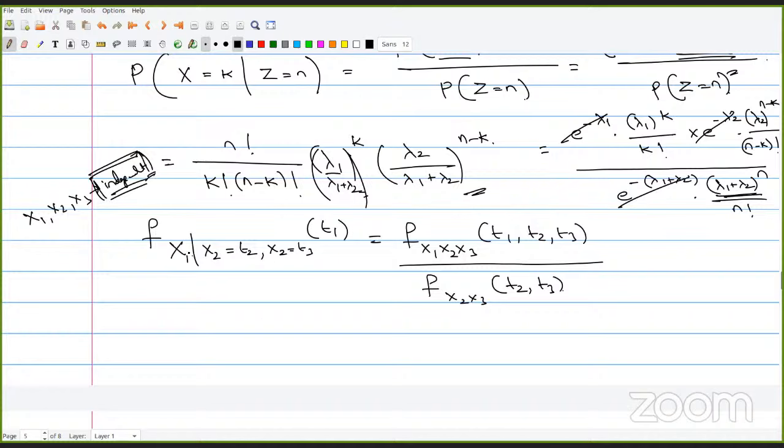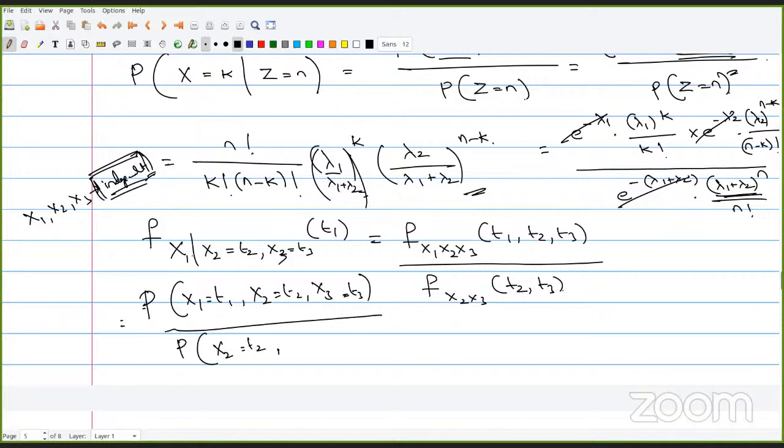So what happens is, here you can write it as the probability that x1 is equal to t1, x2 is equal to t2, x3 is equal to t3, divided by the probability that x2 is equal to t2, x3 is equal to t3. Correct?